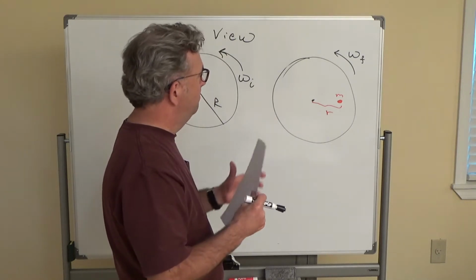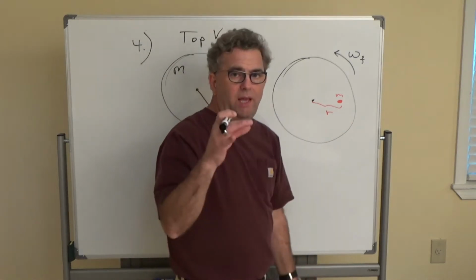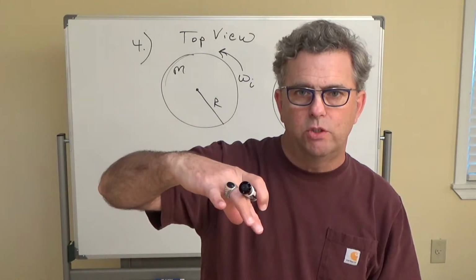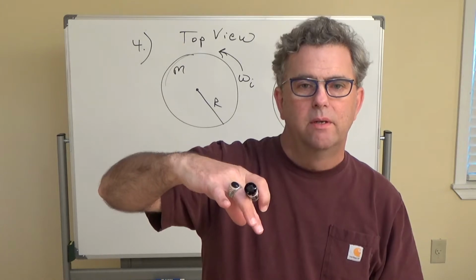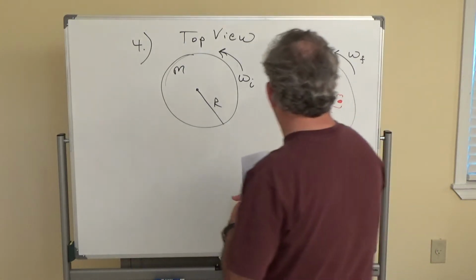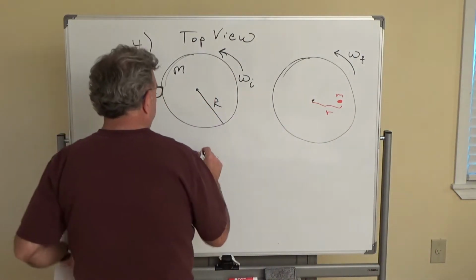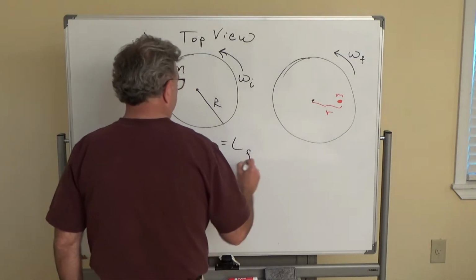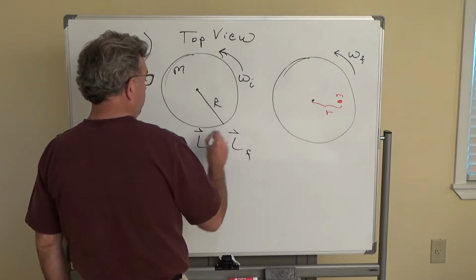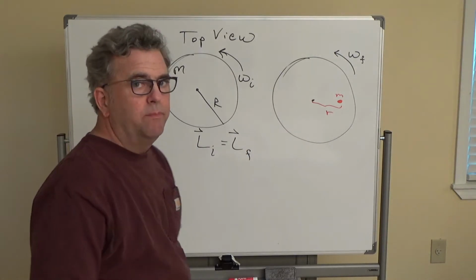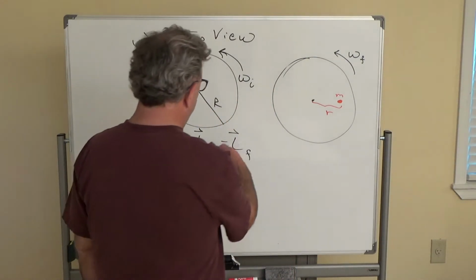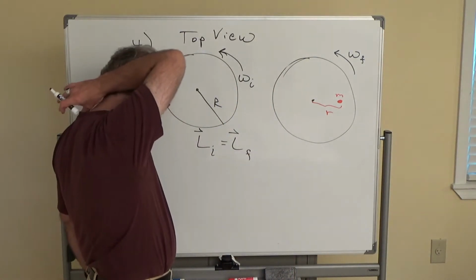This little bit of clay started out with 0 angular momentum. It was just stationary and it was dropped. So L initial is equal to L final. It really should be vectors, okay? In this case, I don't have to worry too much about the vectors.